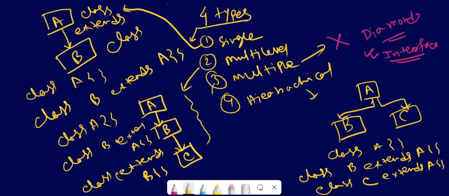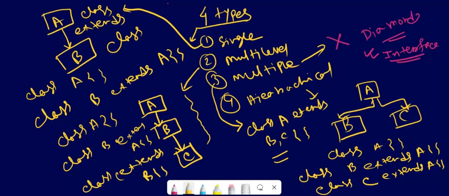But what about the multiple inheritance I was talking about? Java doesn't support it. Let's say class A extends B, C, meaning both classes at a time. This is not supported. In simple words, one class cannot extend more than one class at a time.